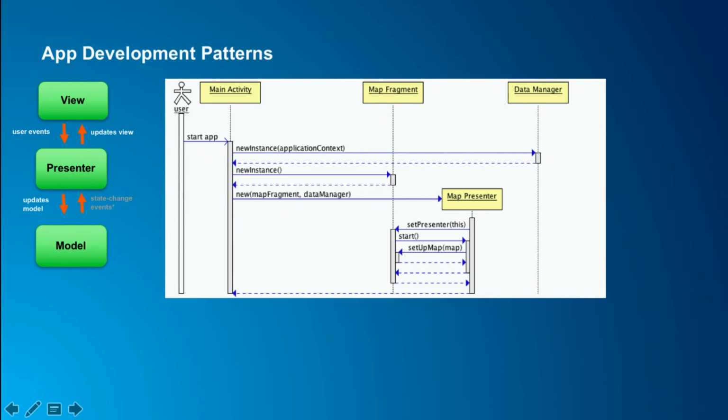Then the main activity creates a new instance of the map fragment, and then the map fragment is used to create a new map presenter. Once the map presenter is created, the fragment or the view calls the start method on that presenter, which then calls back to the view to start up the map. So let's take a look at what this code looks like.